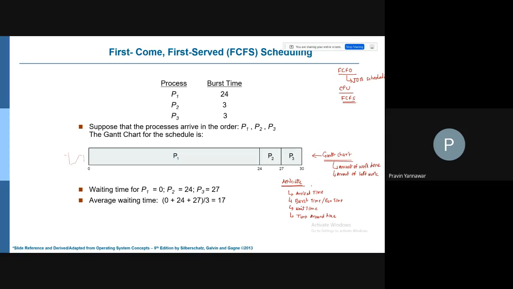Whenever you are going with the short-term scheduler, the FCFS scheduler, the key and important term which you need to compute is wait time. This computation of wait time is an important and crucial factor, and it determines the performance of the system.